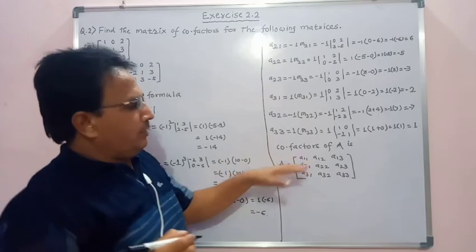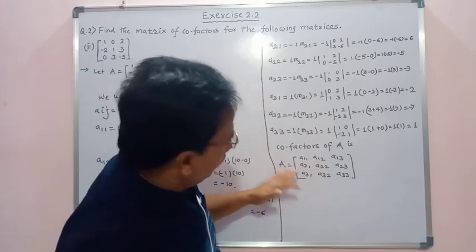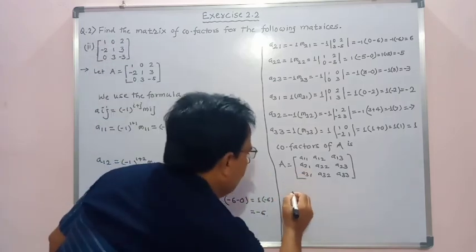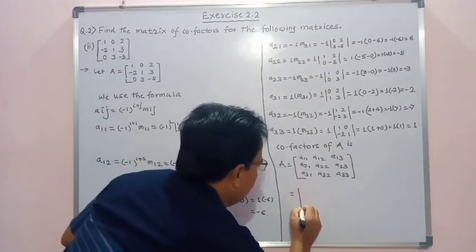The first row has 3 cofactors, the second row has 3 and the third row has 3. Totally, the cofactors are 9.